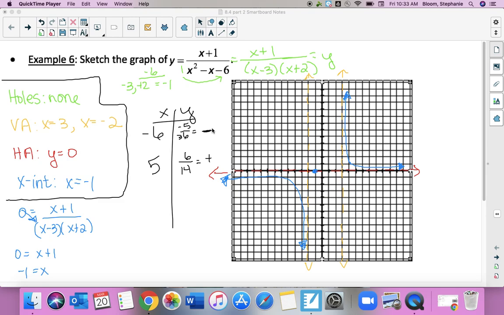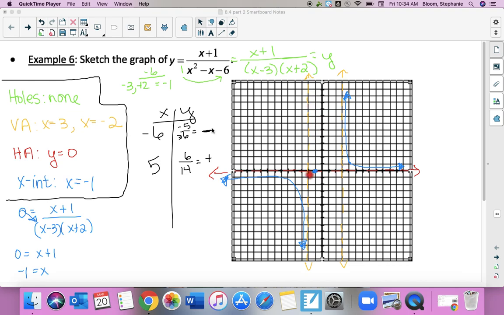The last piece that I have is that I'm going to have a curve inside here that's going to cross this horizontal asymptote. And so here's the option. My curve is either going to go like this, cross my x-intercept and go up this way, or it's going to come down here, cross my x-intercept and approach this way.